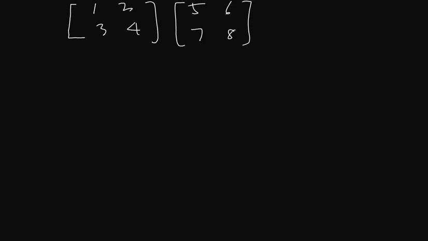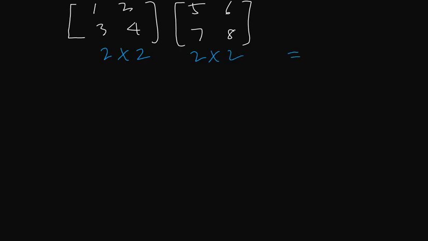Okay, let's multiply two matrices. 1, 2, 3, 4. We multiply with 5, 6, 7, 8. Before we multiply the matrices, we write the order first. This is 2 by 2, and 2 by 2.